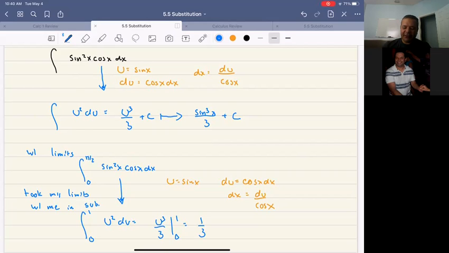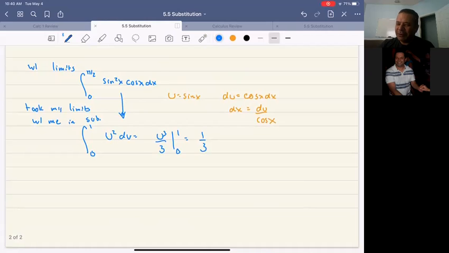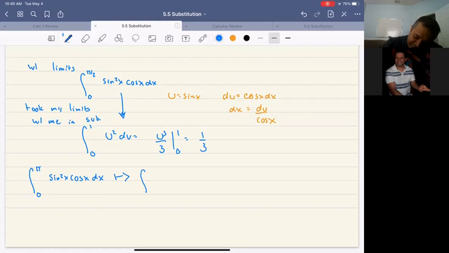All right, so let's take a look at another one very similar. We're going to do the integral from 0 to pi of sine squared of x cosine x dx. Let me do the substitution.